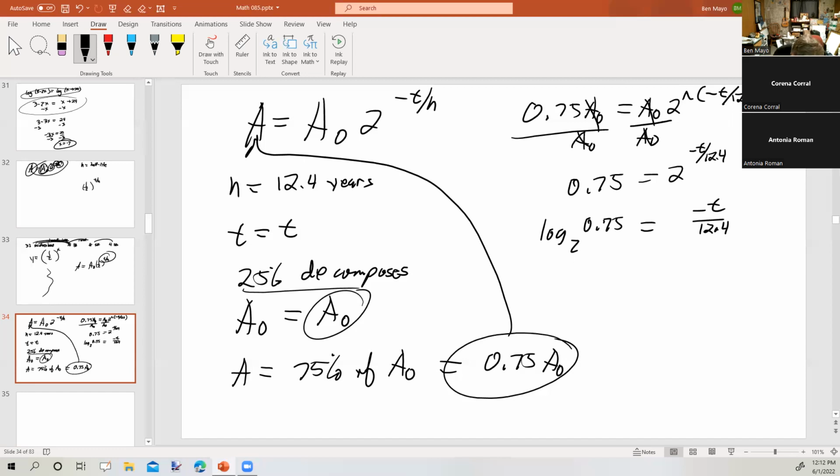To solve for t, I'm going to multiply both sides by negative 12.4, so that I not only get rid of the 12.4 in the denominator, but I get rid of the negative in front of the t. So now I've got negative 12.4 log base 2 of 0.75 equals t.